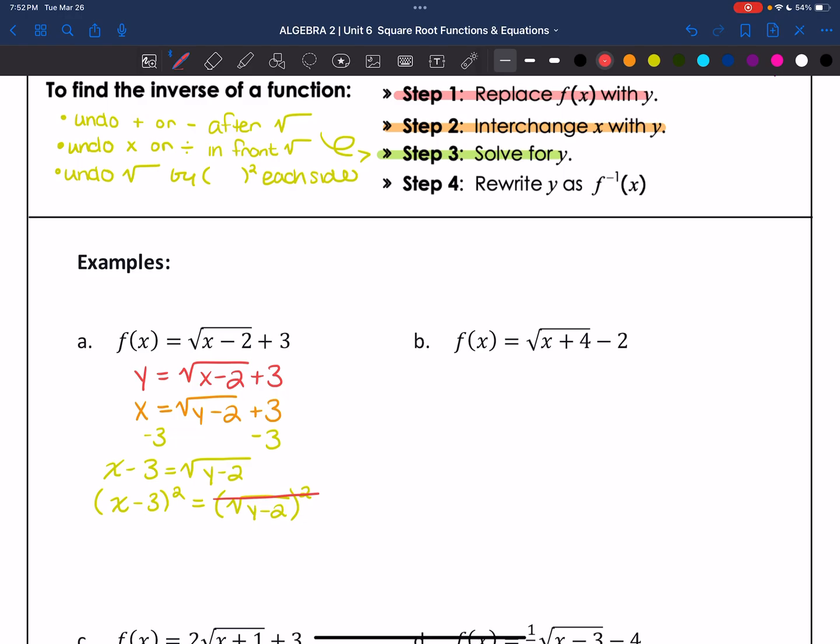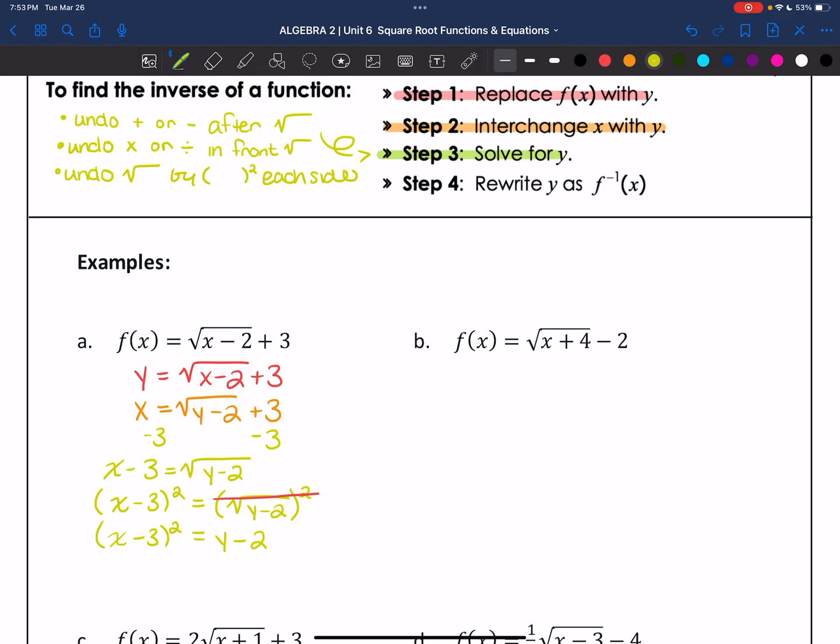And so I'm left with just what is inside the radical, that y minus 2. The radicand is all that is left. And you can leave this squared. There's no need to try and take that binomial and expand it out. You can leave it just like this in the form where it's factored like that.